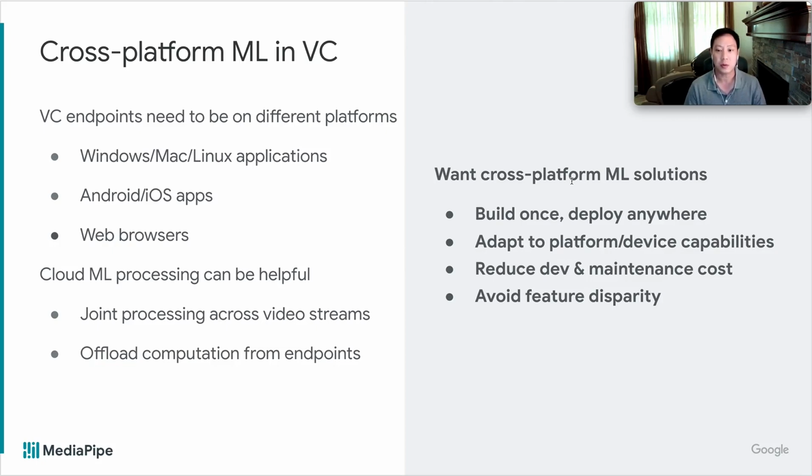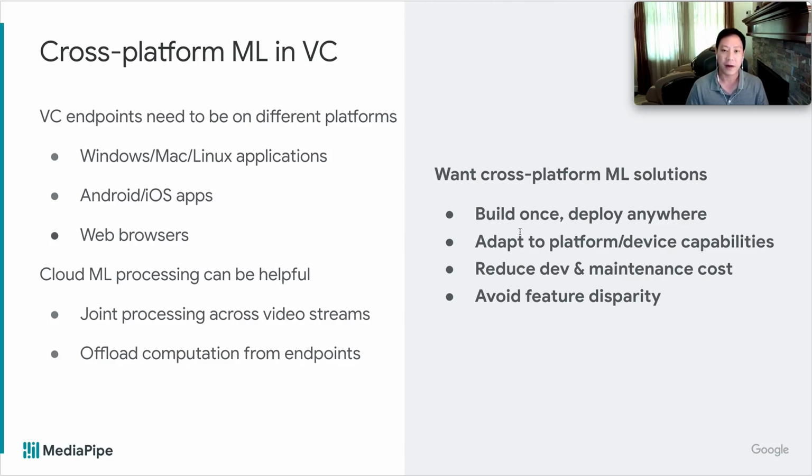Furthermore, you want these solutions to be able to adapt to platform and device-specific capabilities. For instance, when you run these solutions on desktop, you want them to be able to utilize the desktop GPU, and when they are running on mobile, they should be able to utilize the mobile GPUs, which can have a different architecture from the desktop ones.